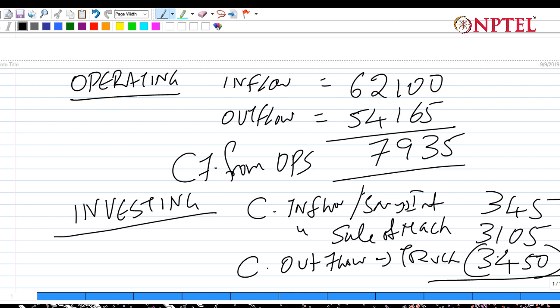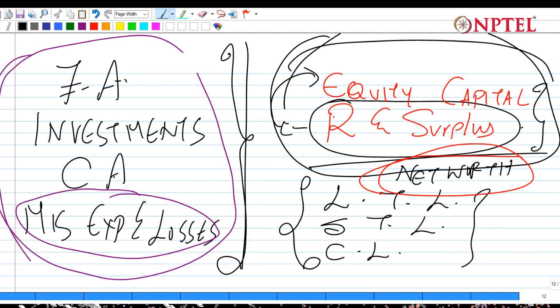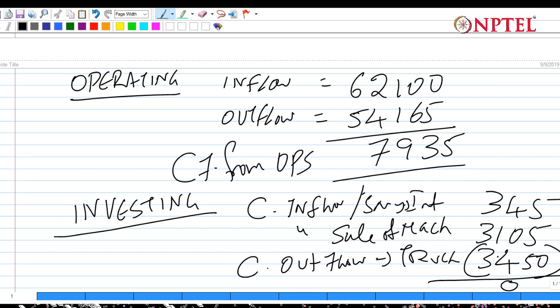Now what is the resultant figure? 345 plus 3105 minus 3450. The resultant cash flow from investing activity is zero.